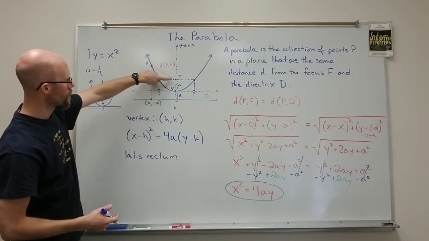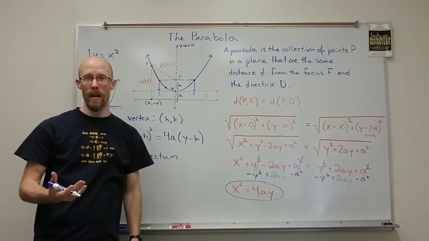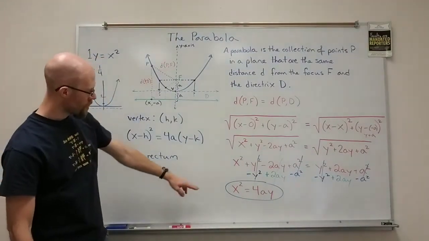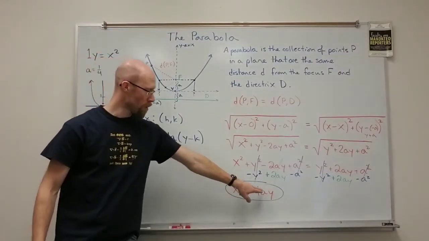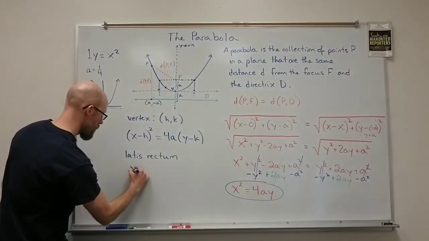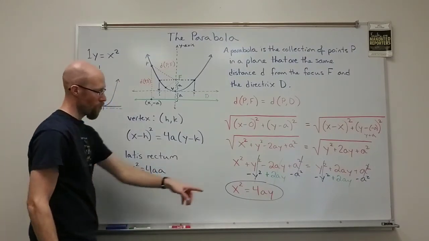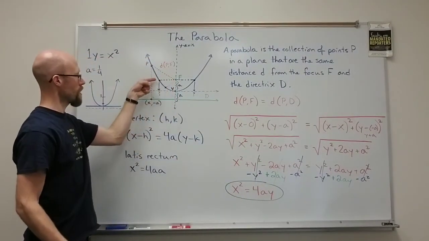Well, I know that the focus is a units high. That's a y value of a. So if I were to take my equation here, plug in a y value of a, so that'd be x squared equals 4aa, so y becomes a because that's the height.